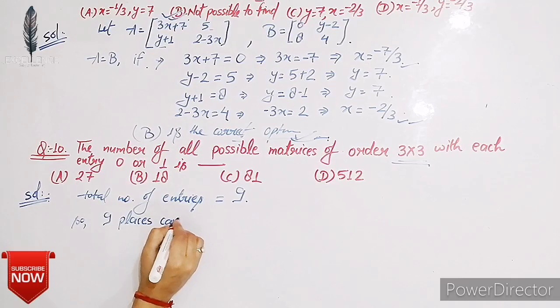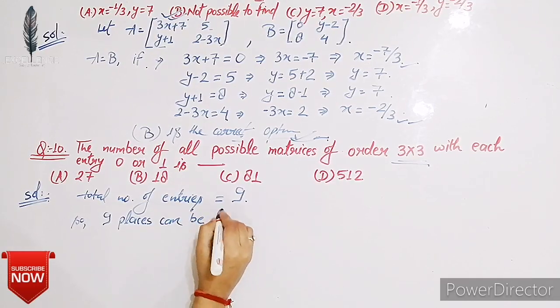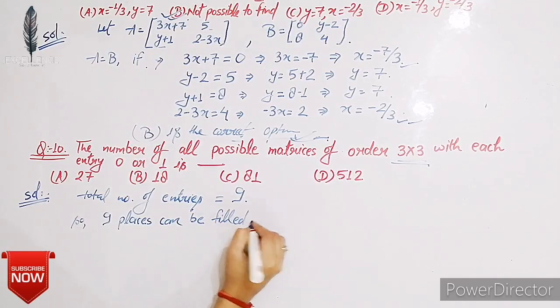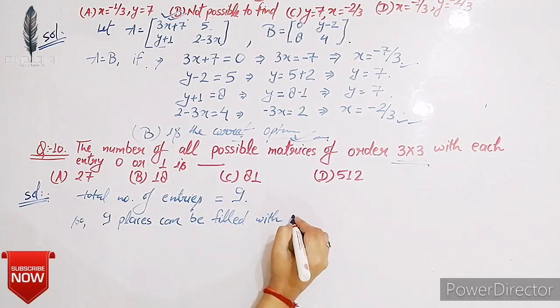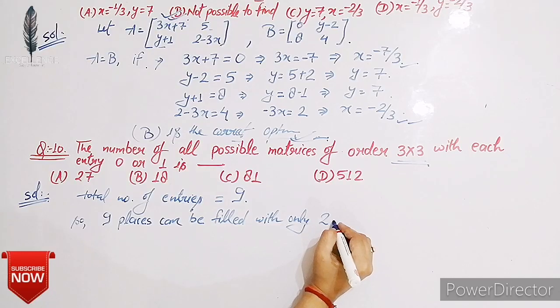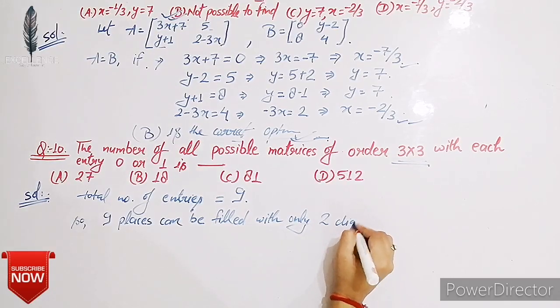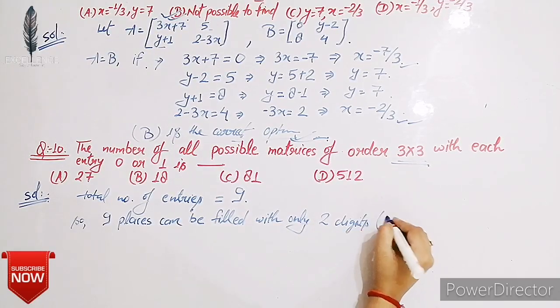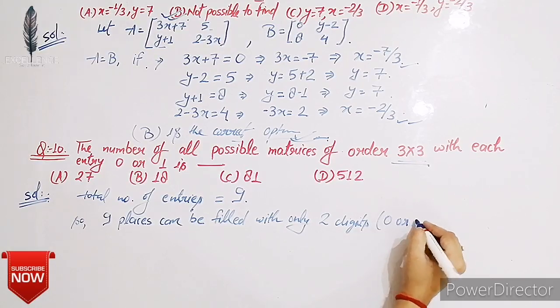So 9 places can be filled with only two digits that are given, 0 or 1.